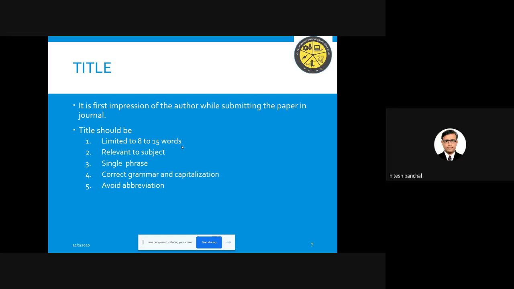So it is possible that in place of solar steel, you can write the word SS, but you cannot use it frequently. Okay, and you should avoid the abbreviation, but if it is unavoidable, then you can use it. Okay, so for the title, whenever you put your title in your research article, the first thing you must know is that the title should be 8 to 15 words.